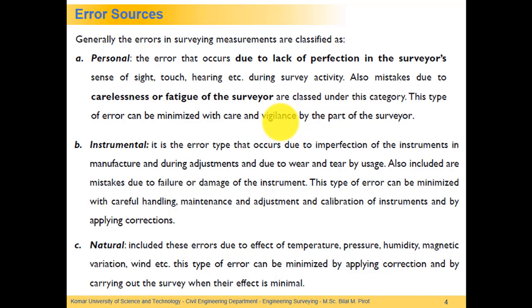This type of error can be minimized by applying the correction or carrying out the experiment at another time that is suitable for this type of experiment. So generally we have those three types of errors: personal errors, instrumental errors, and natural errors.